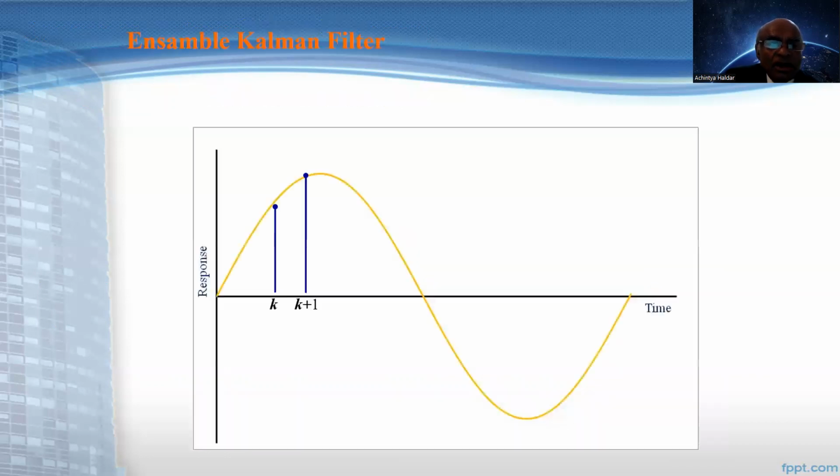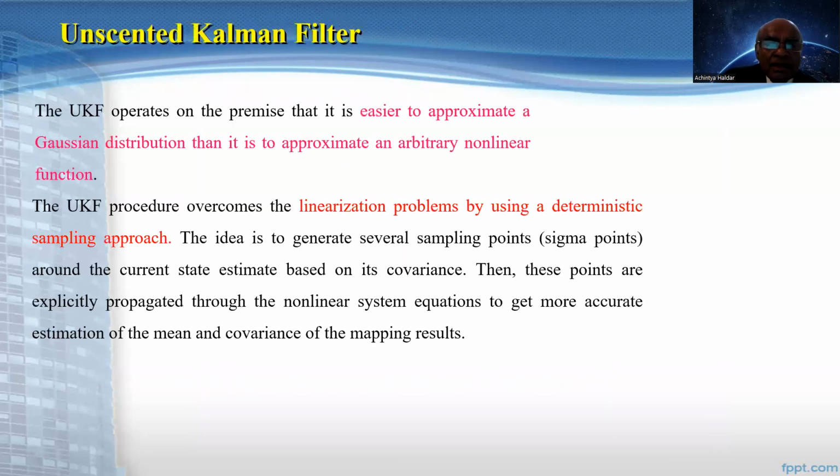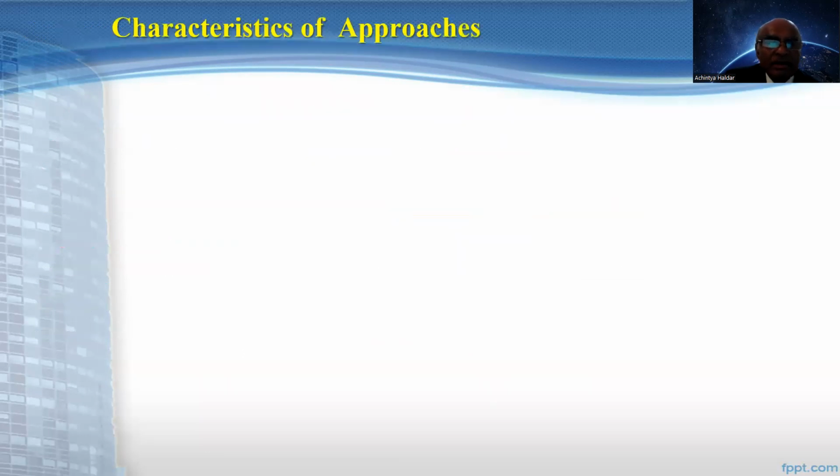Non-derivative algorithms include the ensemble Kalman filter. What we need to do is simulate responses, which can be very expensive. Then we figured out we can use the unscented Kalman filter. It linearizes at deterministic sample points and gives us the result we are looking for.